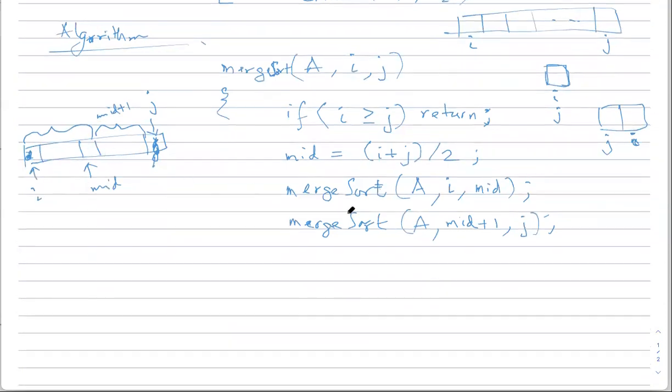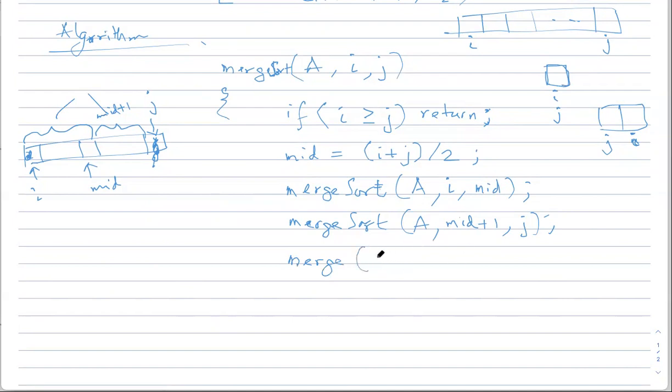Now what's going to happen after calling merge sort on this piece and this piece? You will have the sorted lists, right? After you get the sorted lists, you have to somehow merge these two together, after they have been sorted. So I would need to perform a merge.